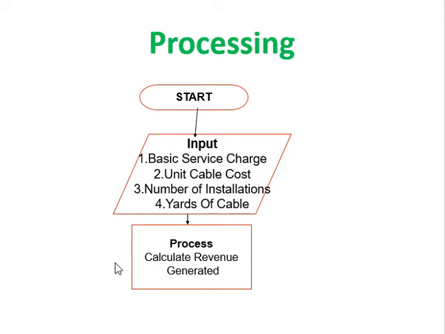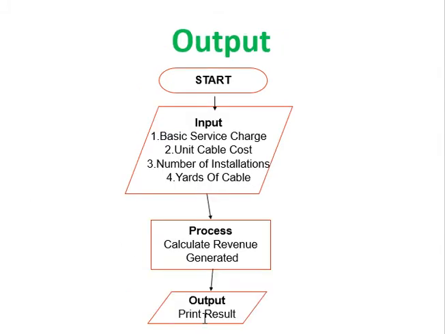This is the figure for the processing symbol, where we calculate the revenue generated. Next, the output symbol prints the result on the output screen, which is similar to the input symbol.